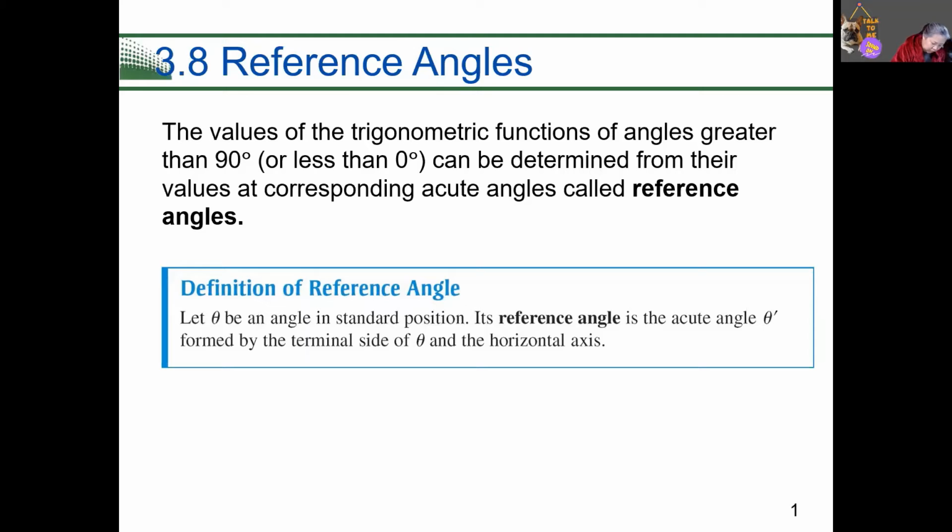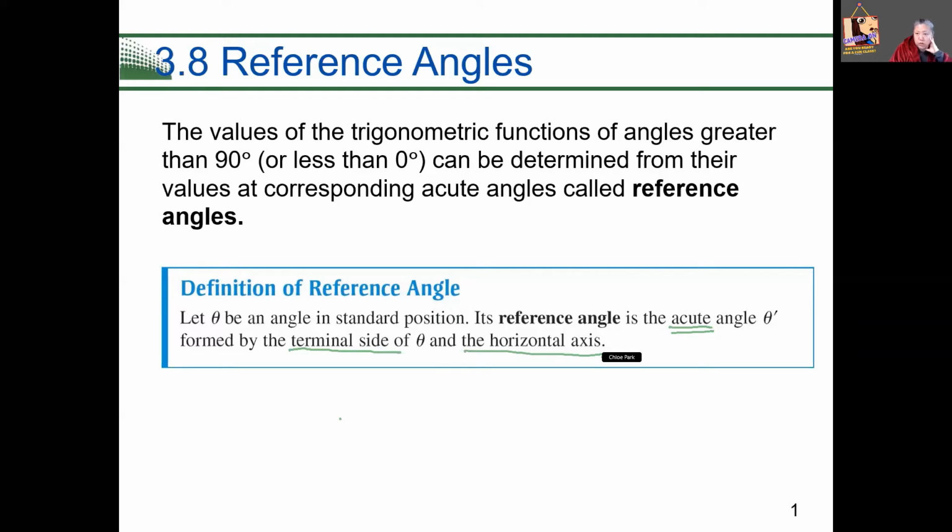What's acute? It's any angle less than 90, right? Within 0 to 90. So its reference angle is always acute. It's less than 90. Then how do we find it? It's the angle that is defined by the terminal side of the original angle theta and the horizontal axis that is nearby.